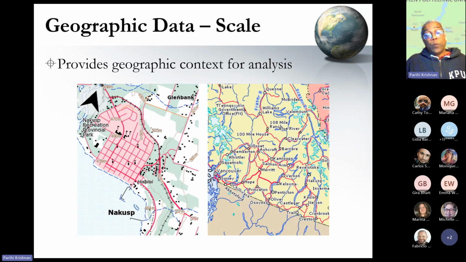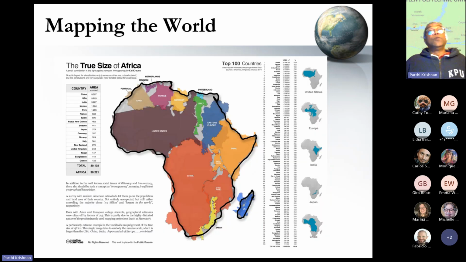And if we are not aware of the interplay between projection systems and scale, then we end up in a situation where we truly do not understand the sizes of different locations. For example, the true size of Africa. Okay?